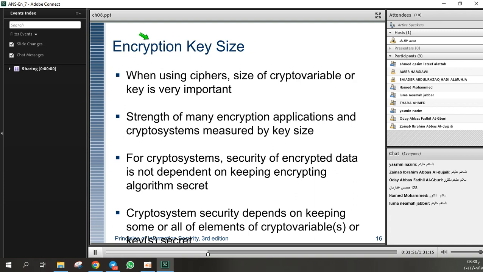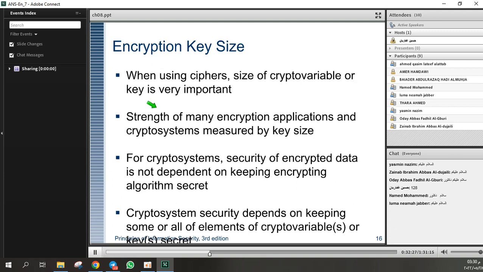Okay, one main point. The size of your encryption key is very important. You know, the encryption algorithm is not important. Why? Because everybody knows about that algorithm. It's something common. It's not something private.